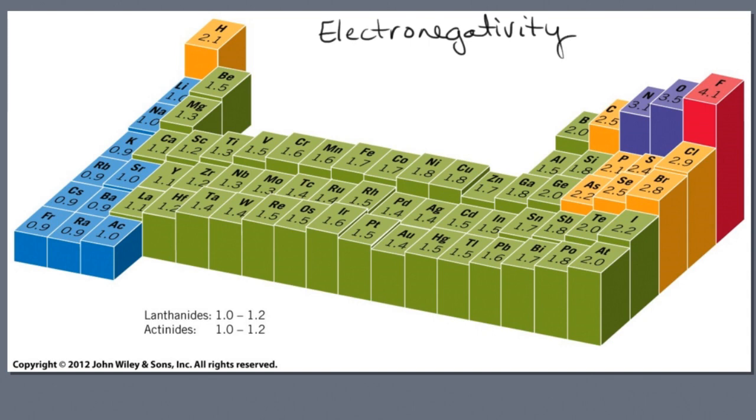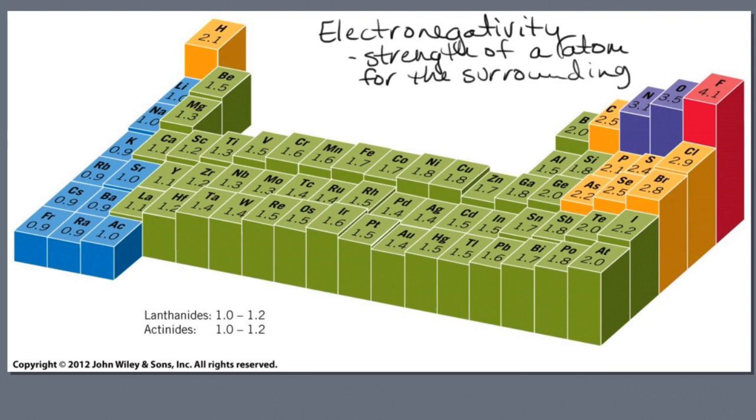Electronegativity is this property that atoms have, which we can generically describe as the strength of an atom for the surrounding electrons. And that's exactly what the electrons in these covalent bonds are going to be.